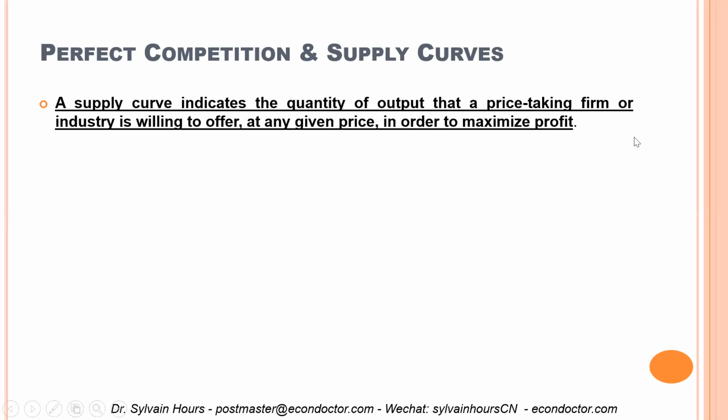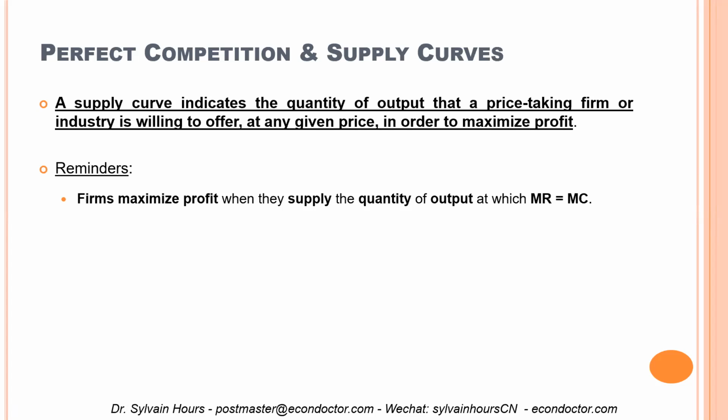So in order to understand how we build the supply curve in perfect competition, there are a few things that we need to summarize. First, the optimum output rule. Firms maximize profit when MC is equal to MR. This is called the optimum output rule, and this is always the case. Always the case means that it's the case in any market structure. When MC is equal to MR, we maximize profit.